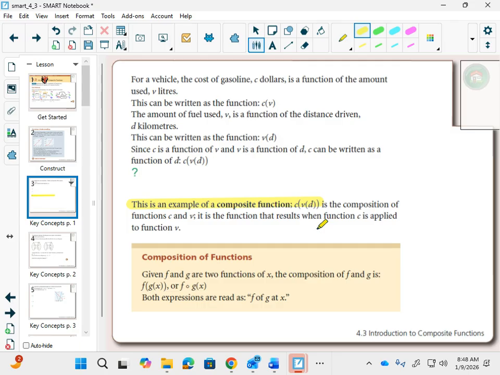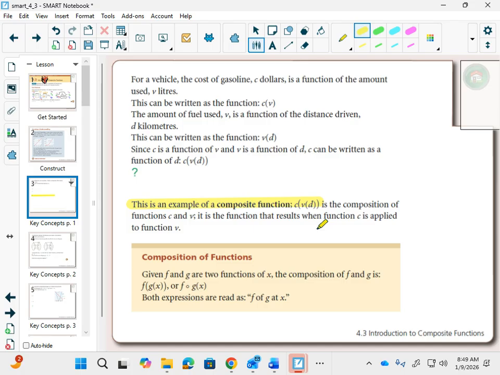But inevitably, you want to figure out not both of those things separately, but if I take a road trip, where are we going to go? Calgary, somewhere far. How much is that going to cost me?